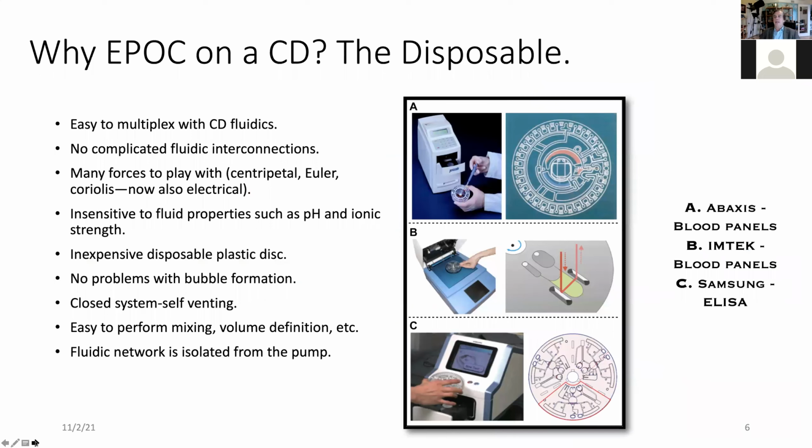So now I told you about the instrument. What about the disposable? So we already know the disposable is a disc, as you can see here, plastic, injection molded. And well, that disposable actually has a lot of advantages. So for one, it's easy to multiplex with CD fluidics. What that means is I can do many tests on the same platform.